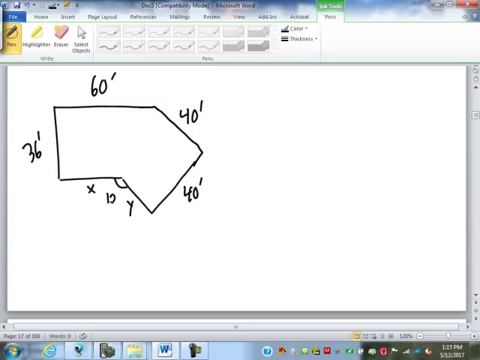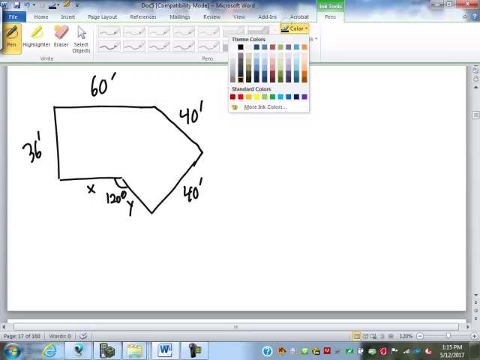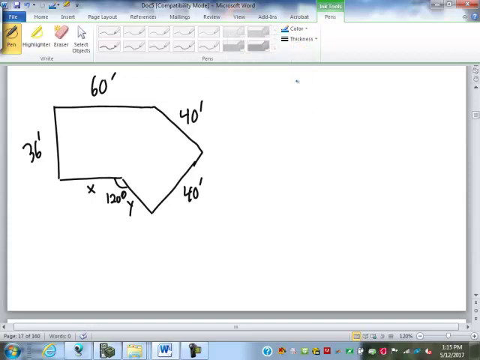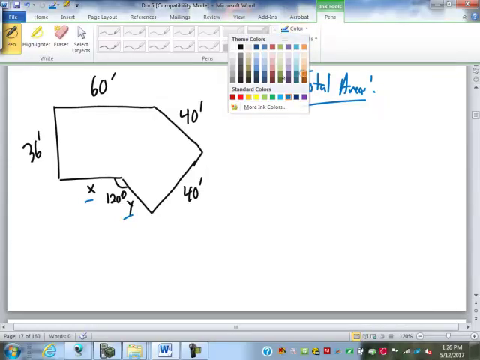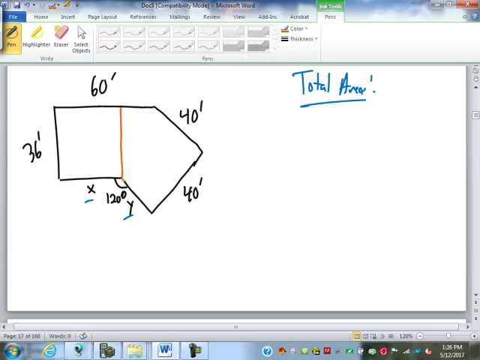I'll give you this angle is 120 degrees again. We'll keep it 120, that seems to be a little easier to work with. I want you guys to find total area for me, and X and Y. So we're going to pull out this section here again. Looks a little bit different this time.